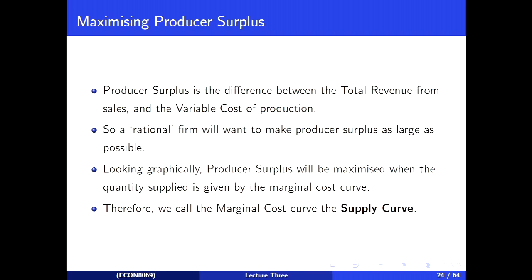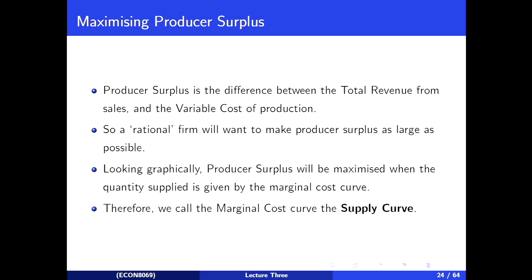This is where you need to be a little bit fiddly, because firms want to maximize profit. They don't implicitly, by virtue of itself, want to maximize producer surplus. They want to maximize profit. But if they maximize producer surplus, then they maximize profit.